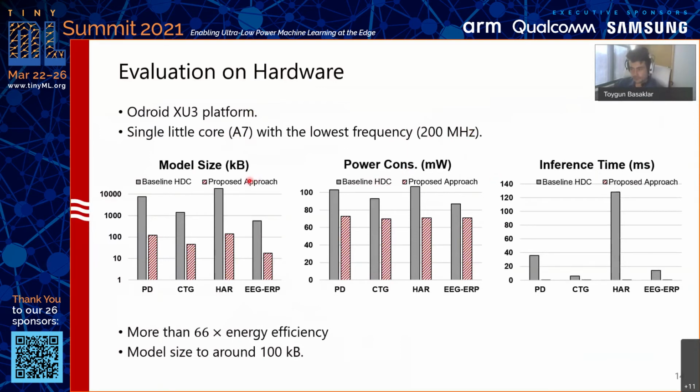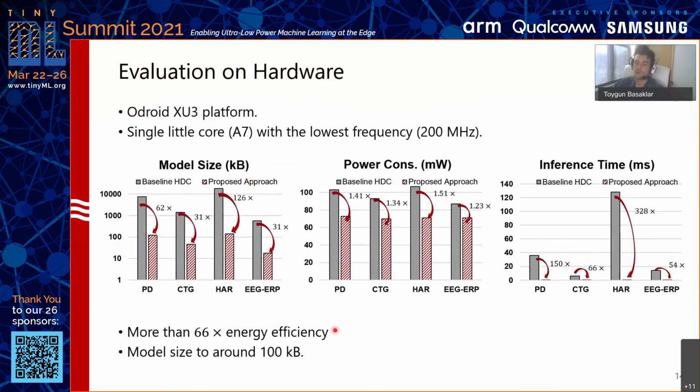And we achieve a significant amount of reduction in model size and inference time, as can be seen from here. And eventually, overall, it achieves more than 66 times energy efficiency, and it reduces the model size to around 100 kilobytes.